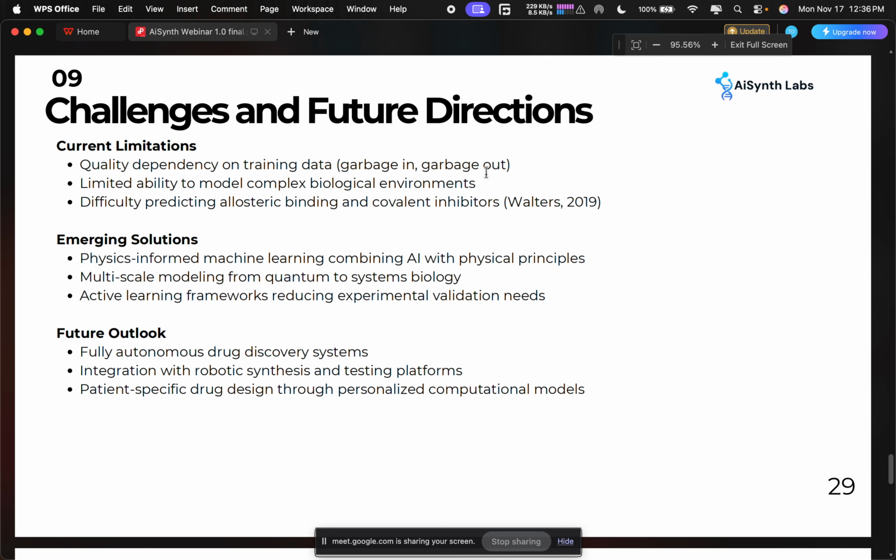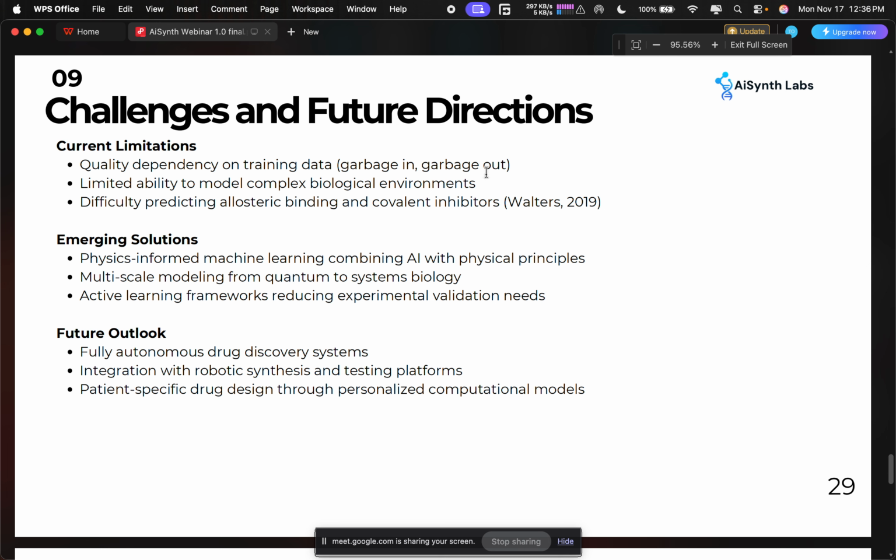So limited ability to model complex biological environments, and the emerging solution as well: we're working on getting much better data, correctly labeled, high quality data to make things much better.